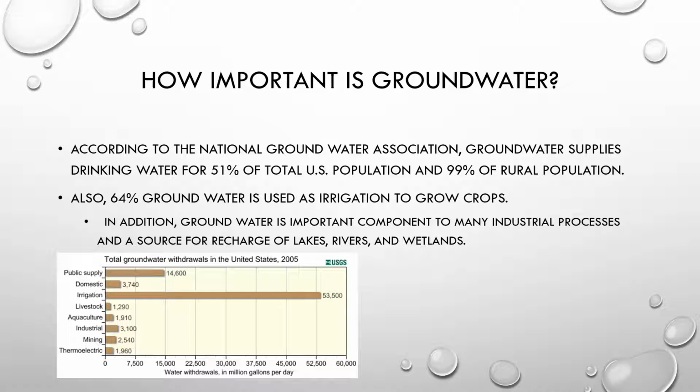As you can see in the chart below, groundwater is used for livestock and for different domestic uses. It is also important for the recharging of our lakes, our rivers, and our natural wetlands. So yeah, it's kind of a big deal.